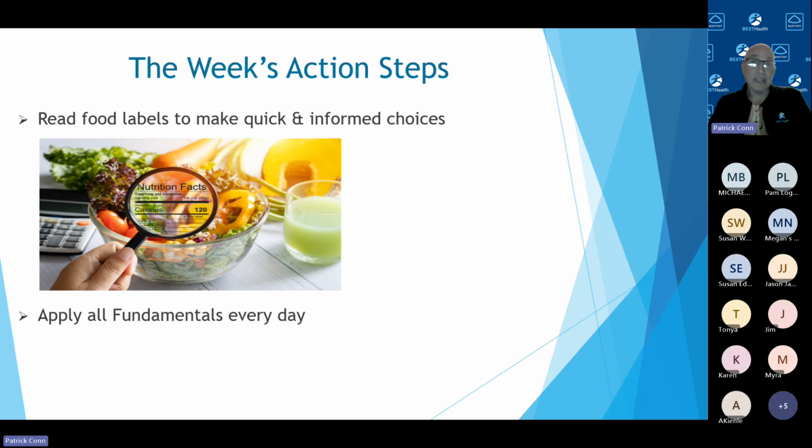Again, look at those percent daily values, the 5%, 20% rule, do some comparison with similar food items, and look at the calories per serving. Remember the general rule of thumb: 40 calories or less is considered a really low calorie item. 100 calories per serving is considered moderate. Of course, 400 is considered very high. Okay, so read labels to make quick and informed choices.